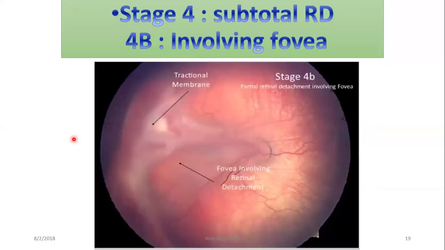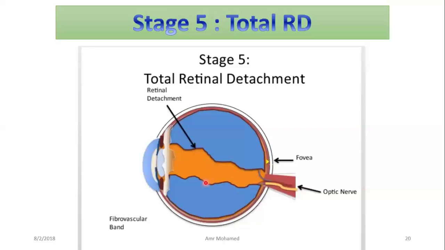And if it is 4B, we have here, that was stage 3 before, neovascularization, and then traction happened, and that traction involving the foveal area. So that is stage 4B. And we have then stage 5, which is total retinal detachment.